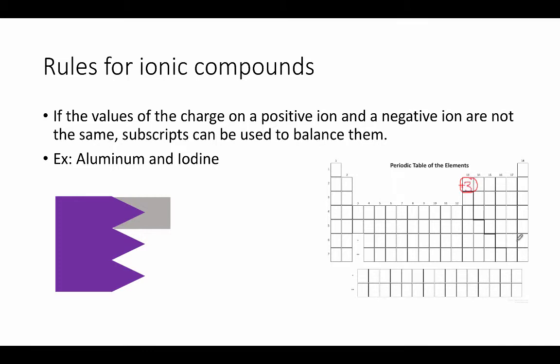Iodine is here, part of our halogens, so it's -1. So if this is our +3 for aluminum, and this is our -1 for our iodine, you see that the charges are not balanced right now.